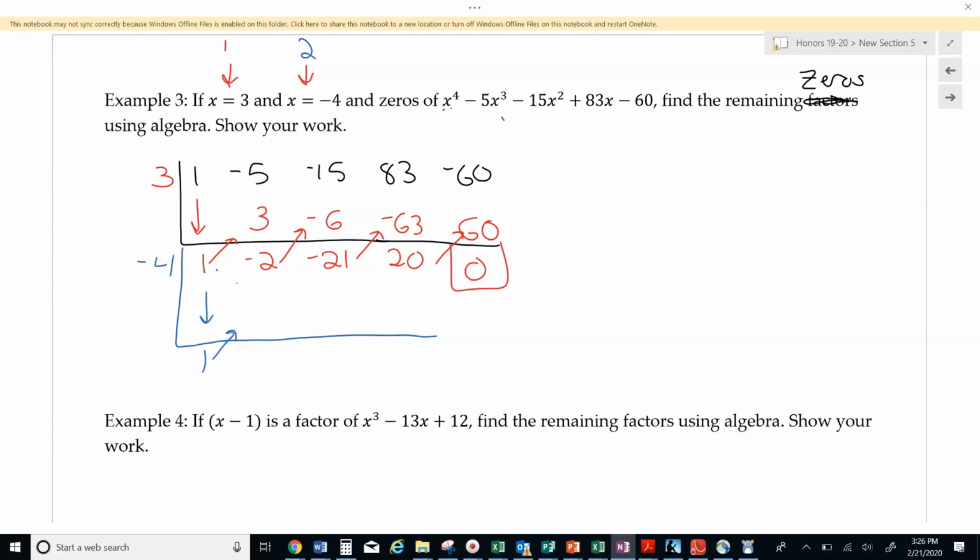-4 times 1 is -4. -2 plus -4 is -6. -4 times -6 is 24. Something's wrong here.